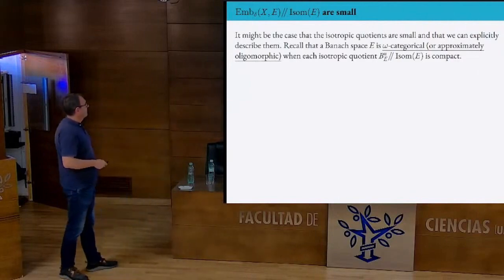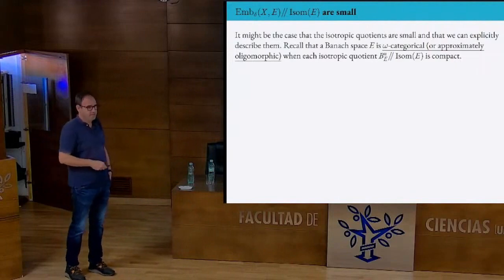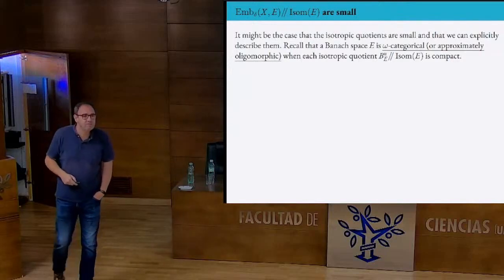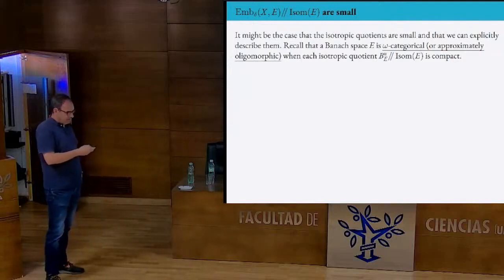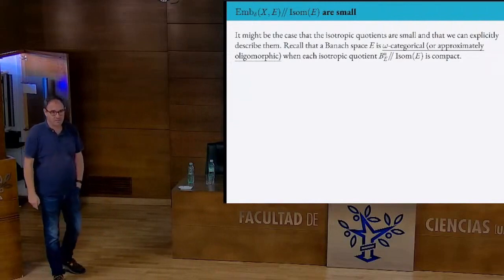So there is this notion of omega-categoricity, which for us is probably better called oligomorphy. That is exactly to say that these quotients are compact.